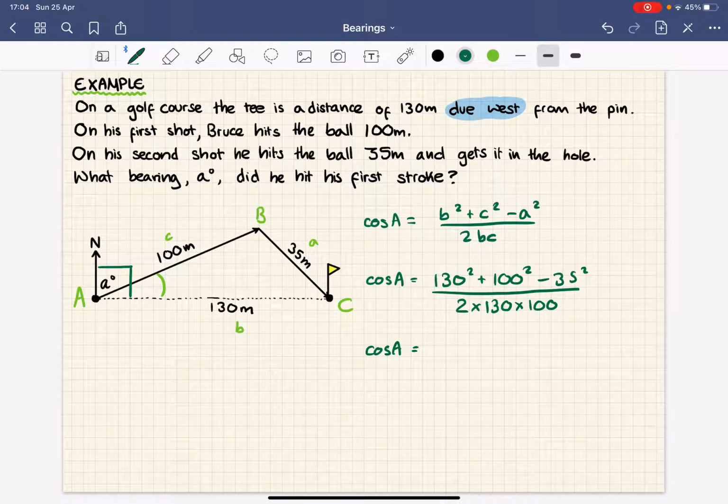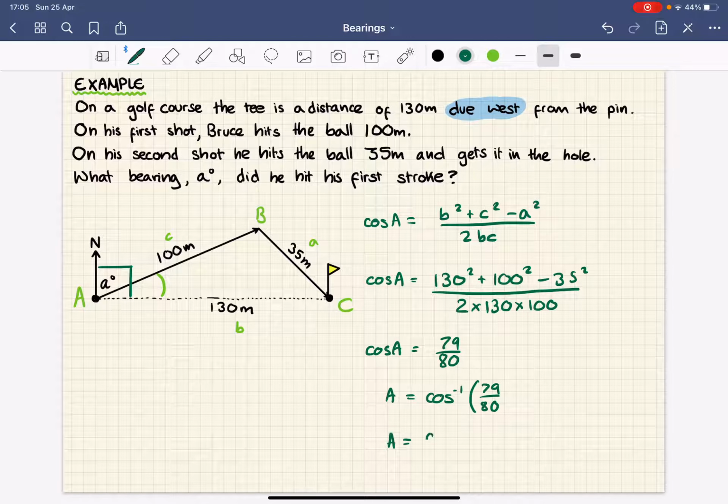And so that is just going to come out as 79 over 80. So then A is just going to be the cos inverse of that. And again, I can use that answer button so I don't have to type that out.